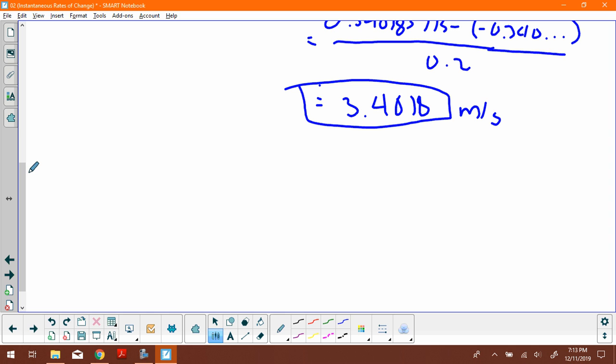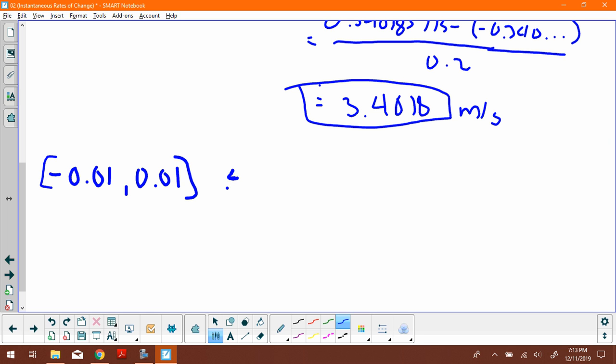So my next interval, we'll go hundredths again. So negative 0.01 to 0.01.